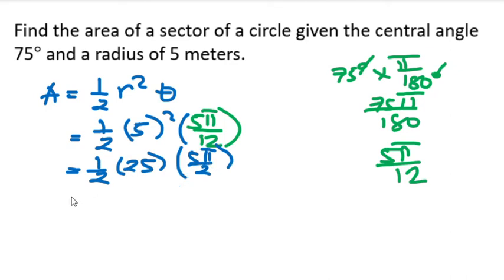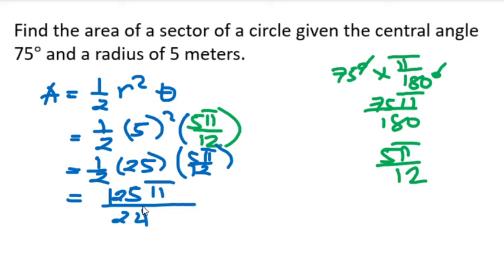And then, simplify na natin sila. So, we have now 1 half times 25 times 5 pi over 12. Magkakaroon tayong 25 times 5 is 125 pi over 2 times 12 is 24. So, 24 po yung ating denominator.